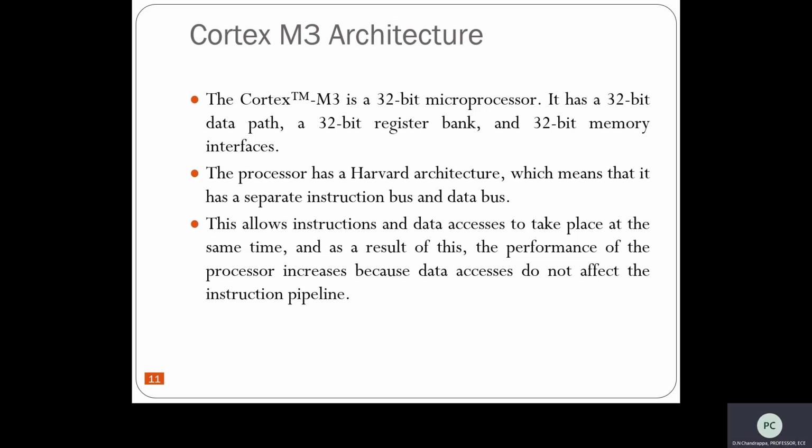The reason is very simple. It supports both data memory as well as code memory, or we can access data memory as well as code memory. In the Harvard architecture, data memory and code memory are separate. Data interface and code interface are also separate.